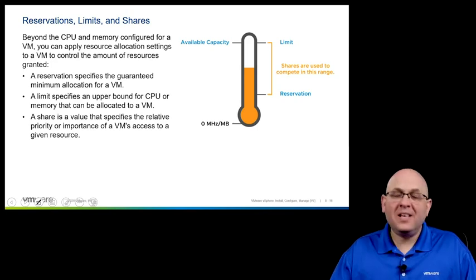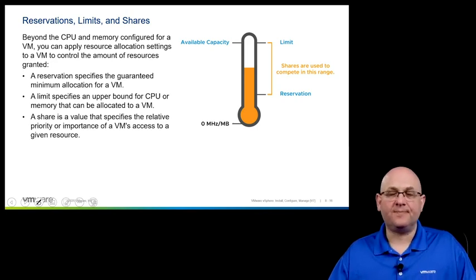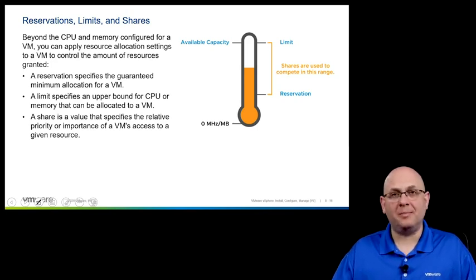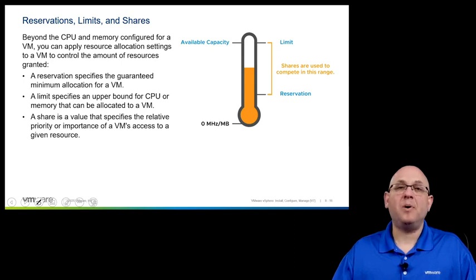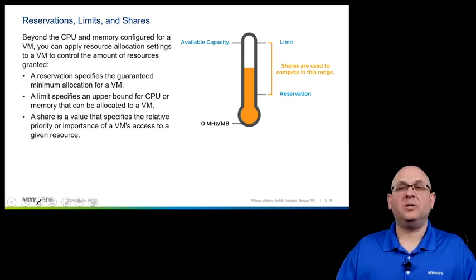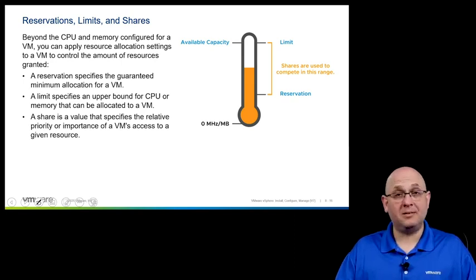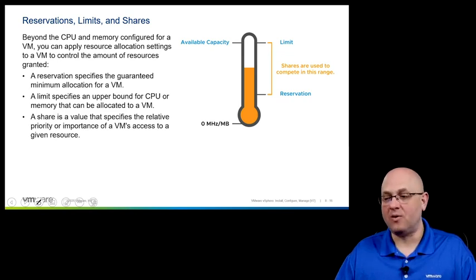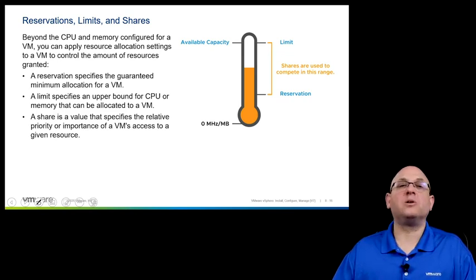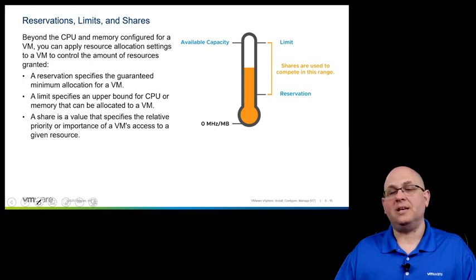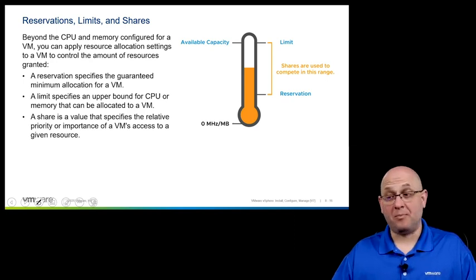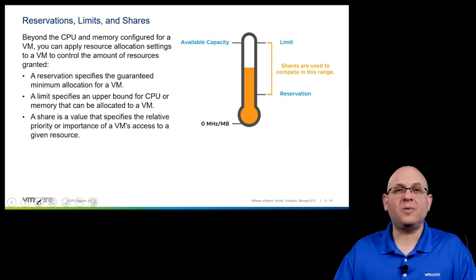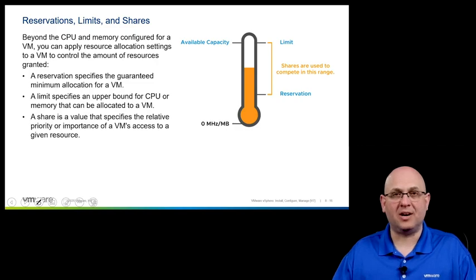So these reservations, limits, and shares apply most of the time to CPU and memory, but they also apply to storage IOPS as well as network bandwidth in the later versions of ESXi, from 6.5 and then 6.7 and forward. But most of us are concerned mostly here with these CPU and memory concepts. So what is a reservation, what is a limit, and what is a share?